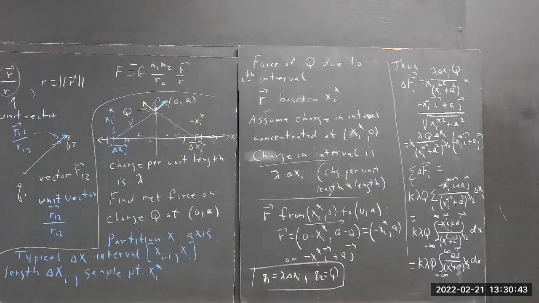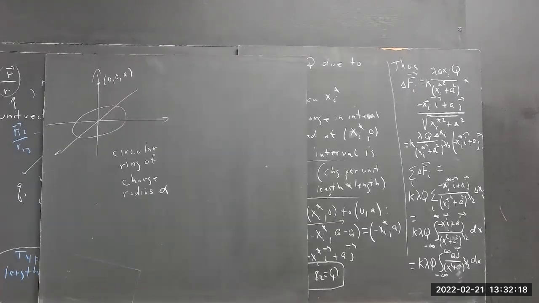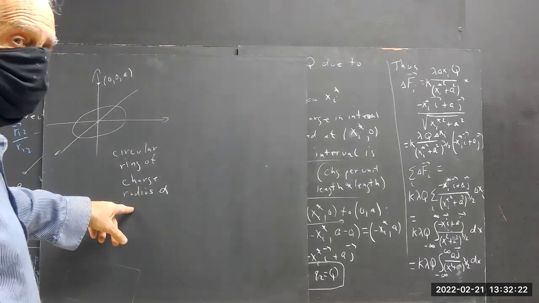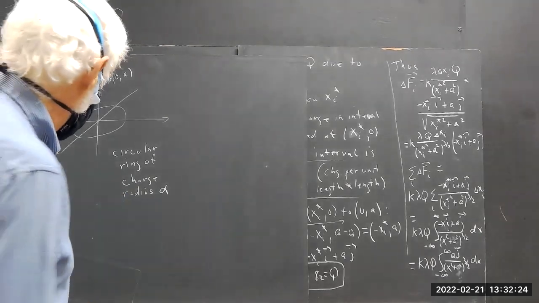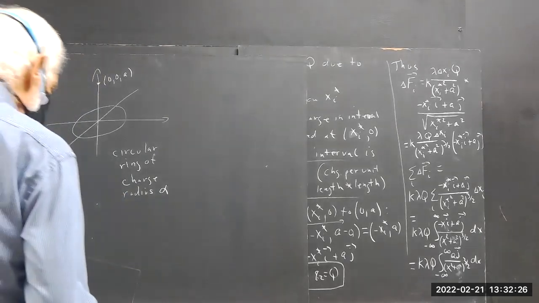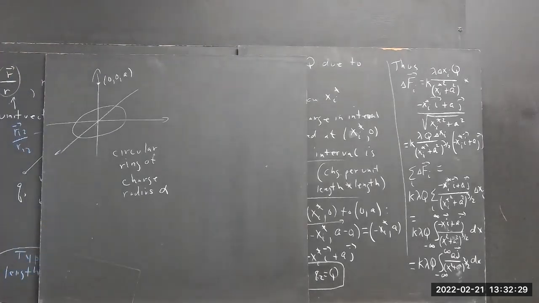You need to think about this process. We can do the same thing for a circular ring of charge of radius, say alpha. And I would parameterize this as follows.